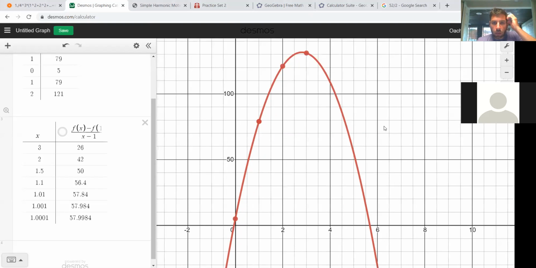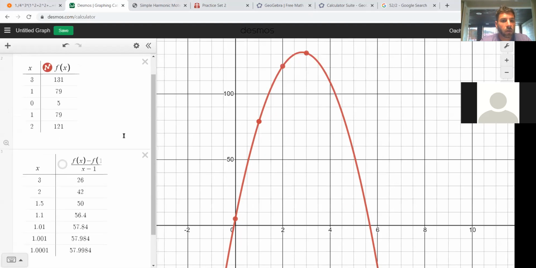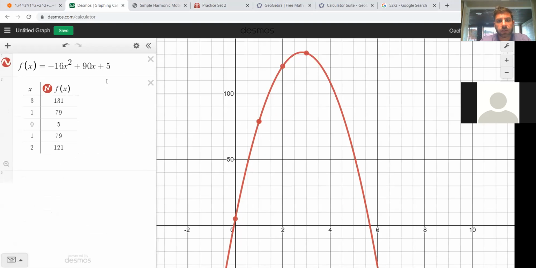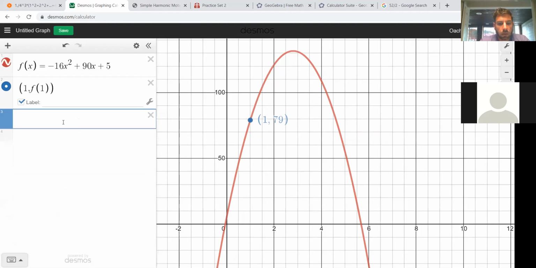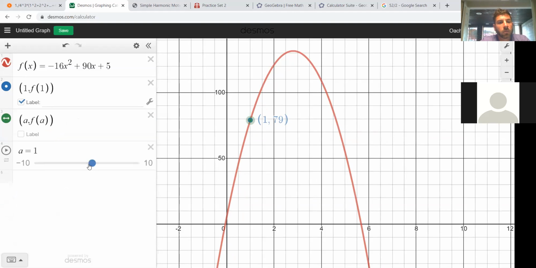Anyhow, what I want you to do is I want you to check this out for a second. Here's the function we were studying, and we were interested in what was happening at 1 comma f of 1. And so we looked at points a comma f of a. I was using h, but I can't use h here. Desmos wants me to use f.